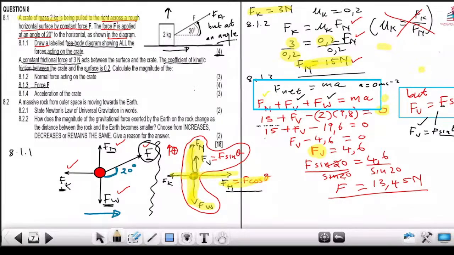Using those basic principles from the free body diagram, FW we know is just equal to mg, where the mass is 2 kg, and 9.8 is the gravitational acceleration.